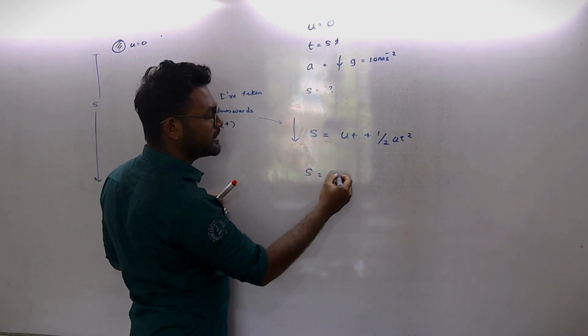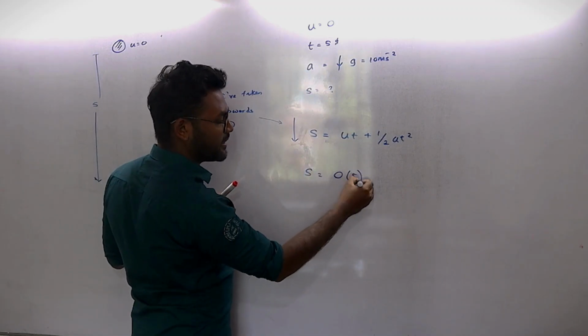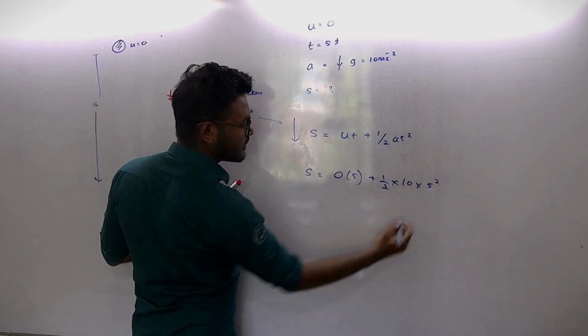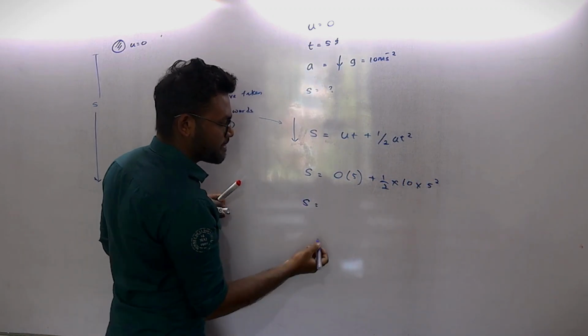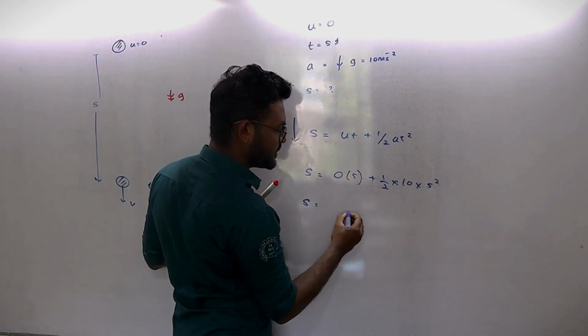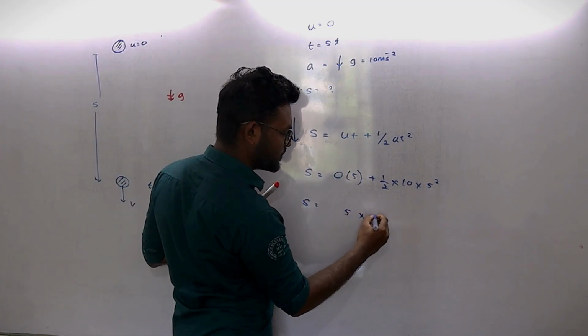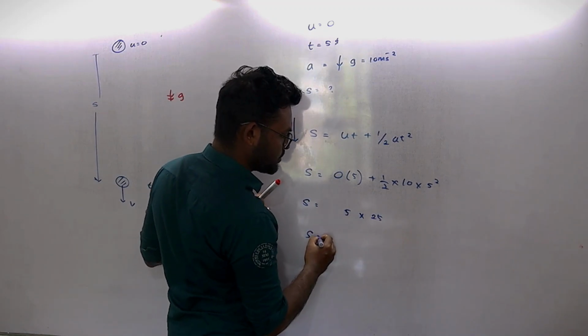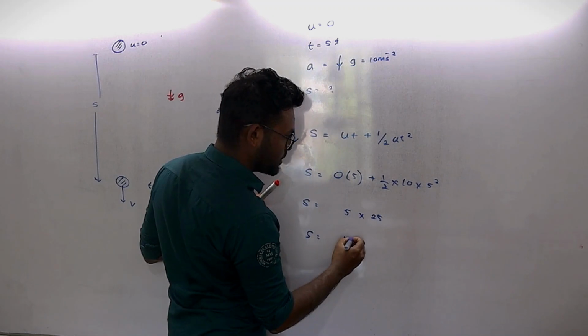S: initial velocity 0, time is 5, plus half into 10 into 5 squared. So that is just 5 into 25, 125.